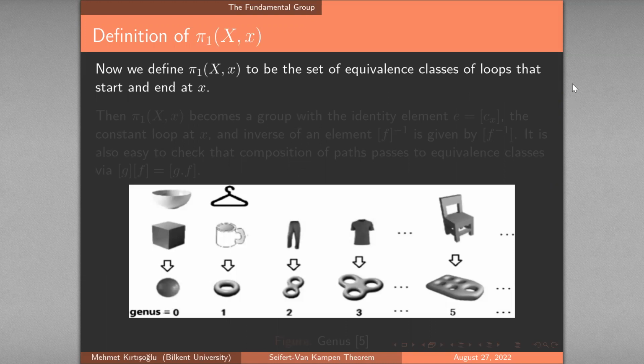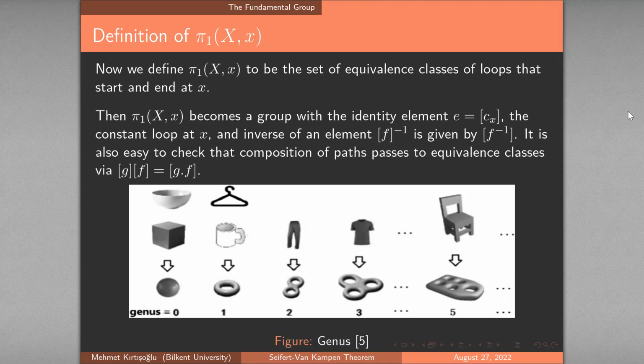Be careful. We are defining the group to be the set of equivalence classes, because what we want is an algebraic structure that is invariant under homotopy. So homotopic loops will be in the same equivalence class.